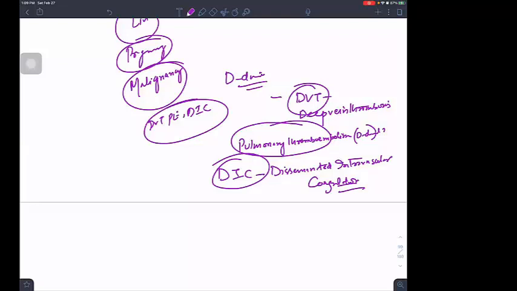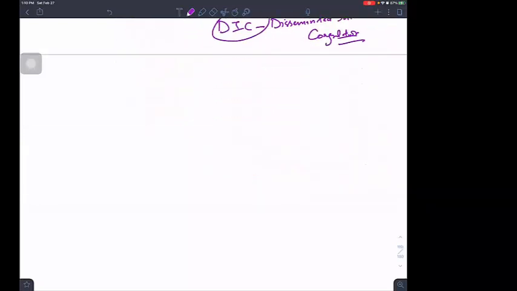If I have a patient who is having a coronary artery thrombosis, I'll give you an example. The thrombus has actually occluded the coronary circulation. For example, the LAD, the left anterior descending artery.